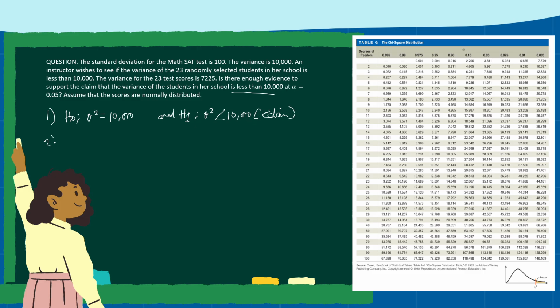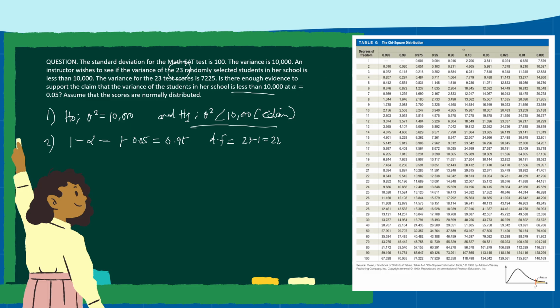Next step is we need to find the critical value. Since the test is left-tailed, we use 1 minus alpha. This is 1 minus 0.05, so that is 0.95. The degrees of freedom here is equal to 23 minus 1, which is 22, because our n is 23.